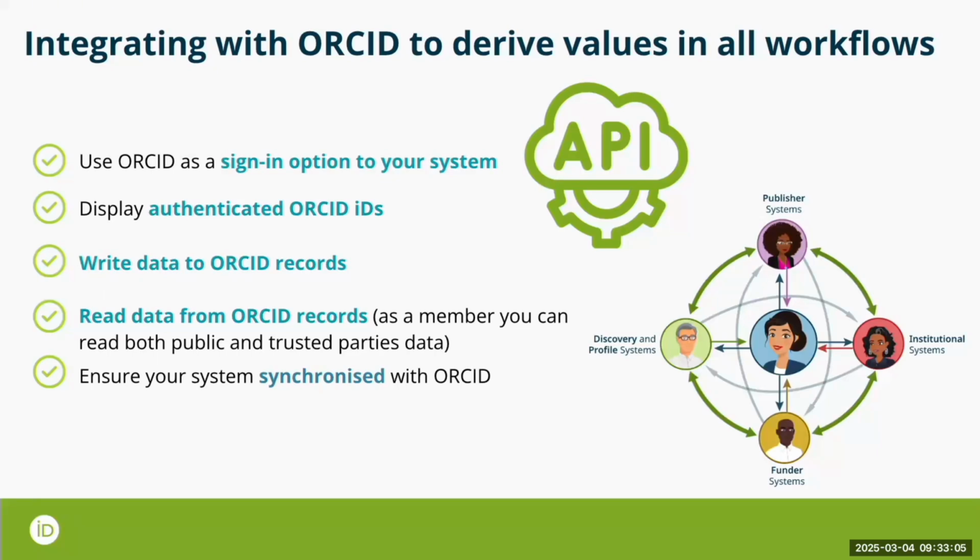The first is to use ORCID as a sign-in option and display those authenticated ORCID IDs, and you can synchronize data, including writing and reading. That's basically the overall story of integration with ORCID via the API. And the little diagram on the right-hand side shows that we work with different systems. We work with publishing systems, and more than that, we work with discovery systems too, funding systems, or even institutional repository systems.